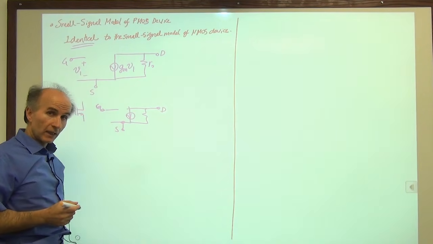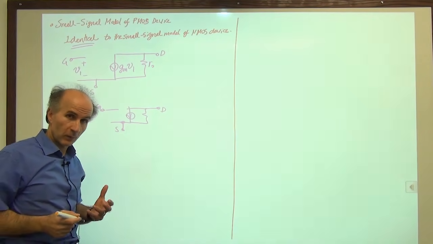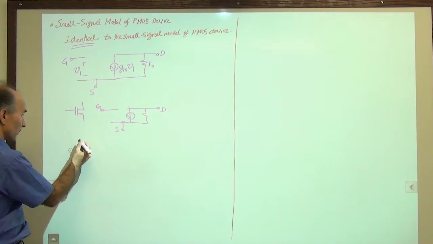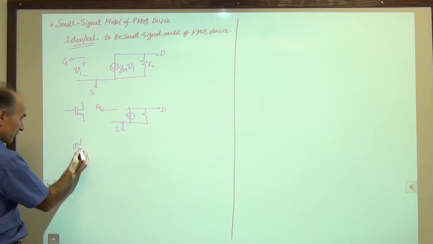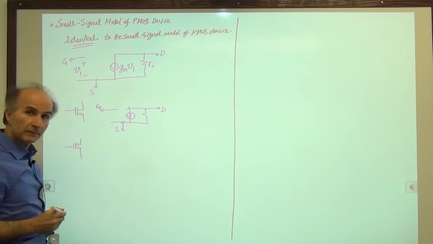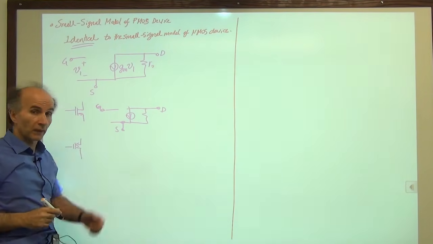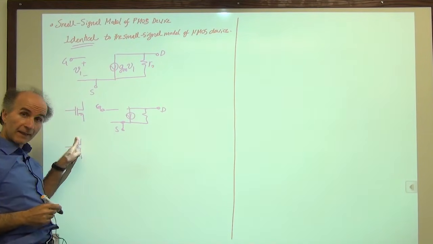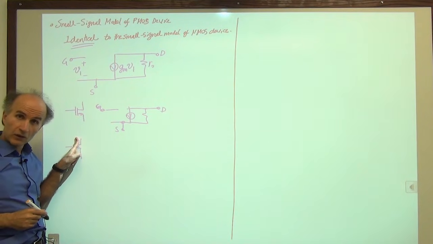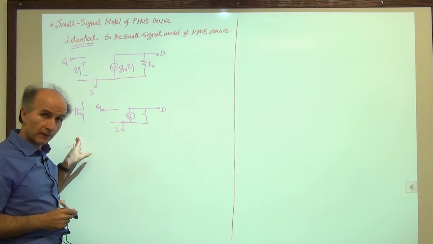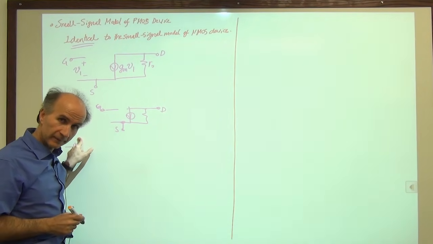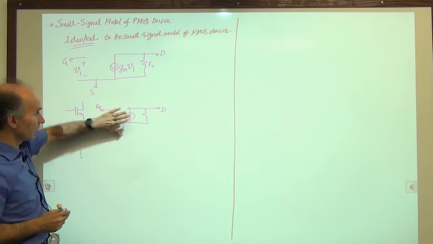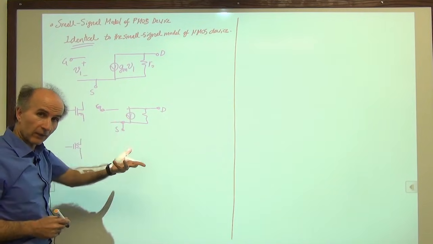And as I said, typically we draw the PMOS device with the source on top. It's not required, but that's what we usually do. So here's a PMOS device with the source on top. Now what do we have to do? Well, if you're still thinking that the top terminal is the drain, you will draw the small signal model incorrectly. You have to remember that this is the source terminal. So this model has to be drawn upside down.